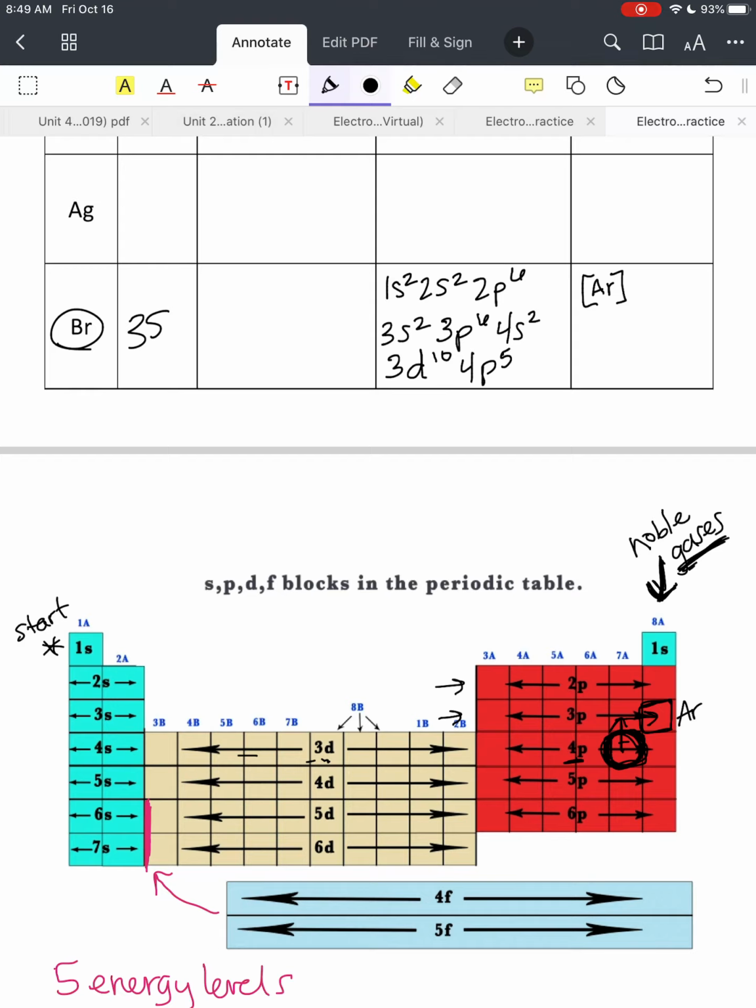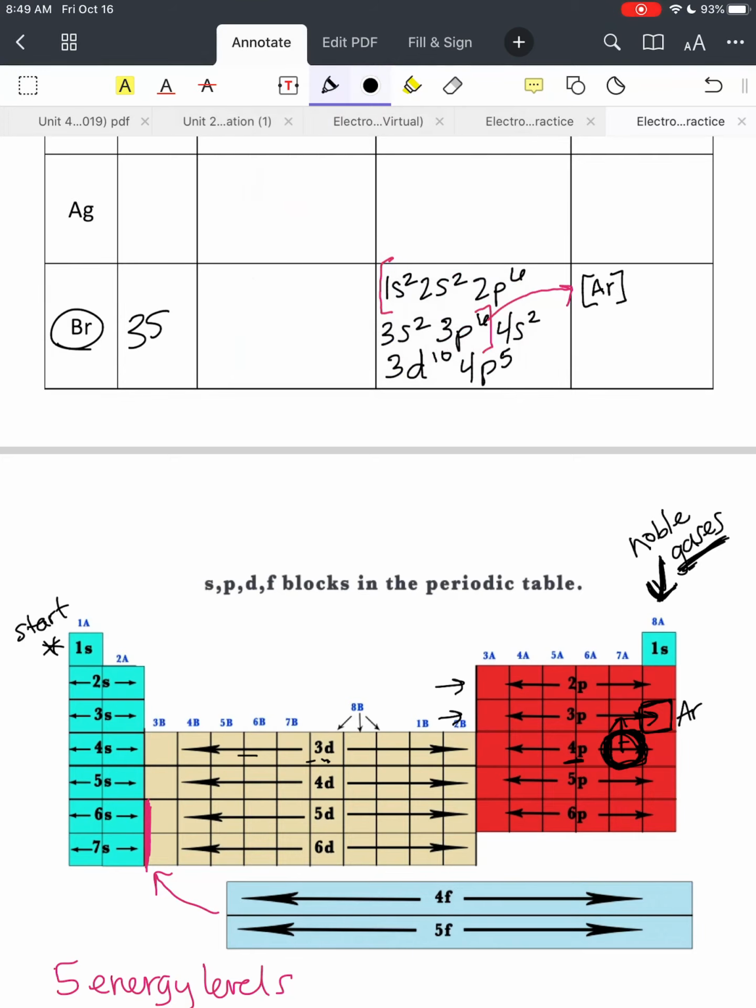So basically all of this, I'll put a little bracket and then take it away so it doesn't confuse you, but all of this is now inside this argon bracket. So I've saved myself all this writing.